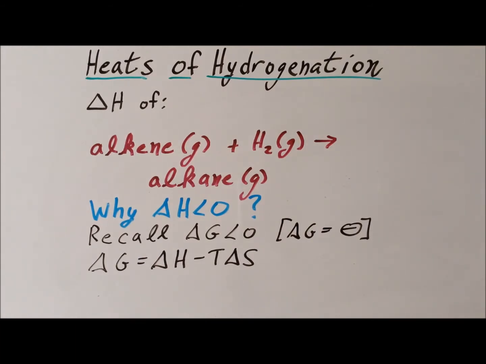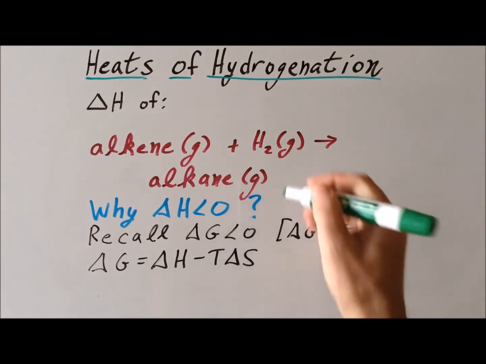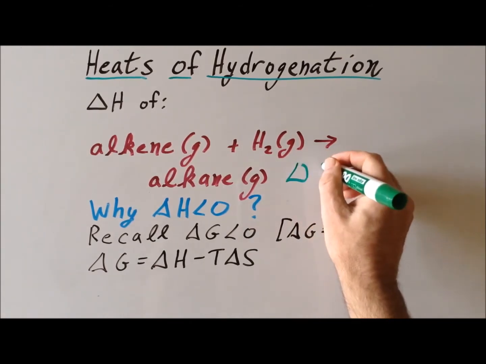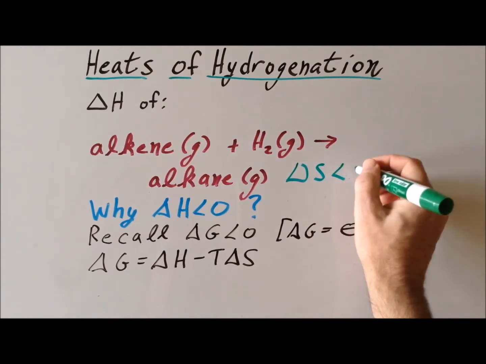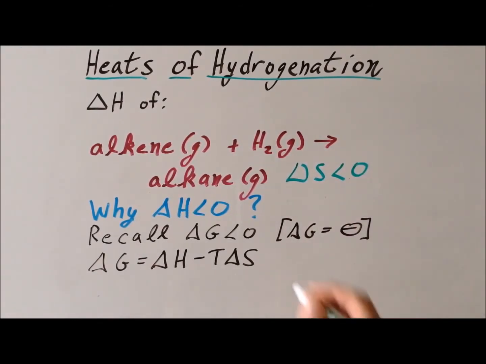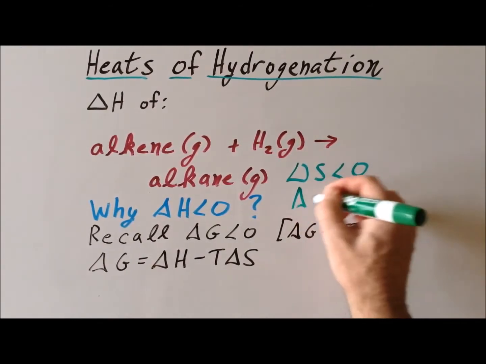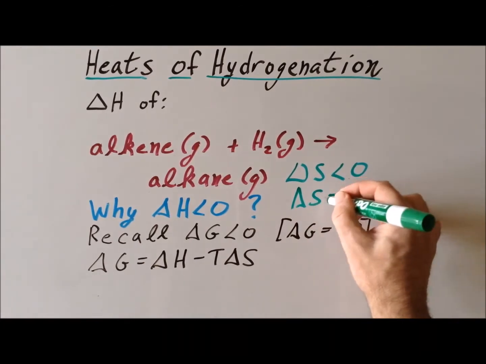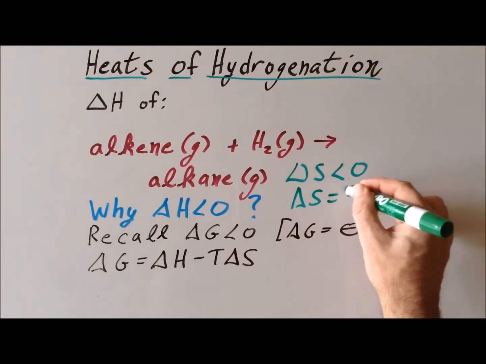In the process, we have a decrease in entropy. So we can write that delta S is a negative number, less than 0, and using our notation, we'll write that it is equal to a minus sign.